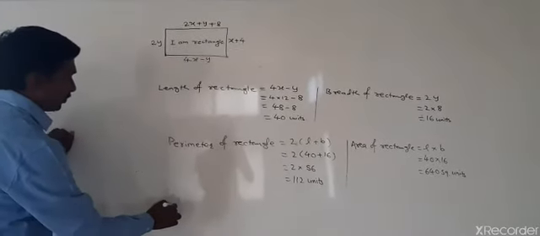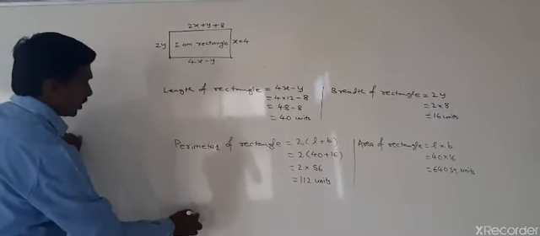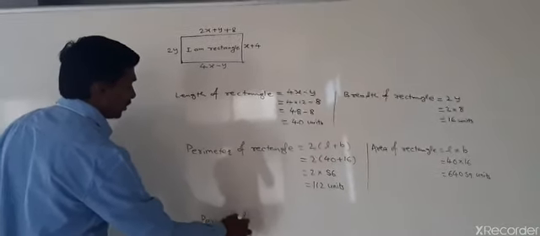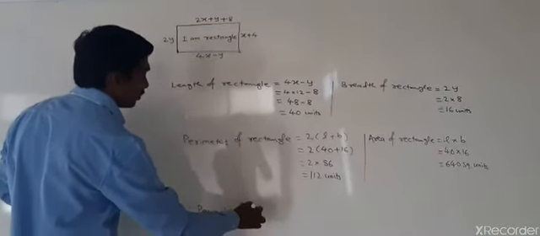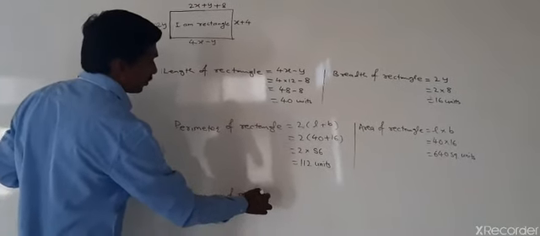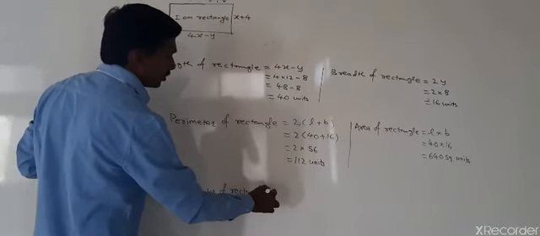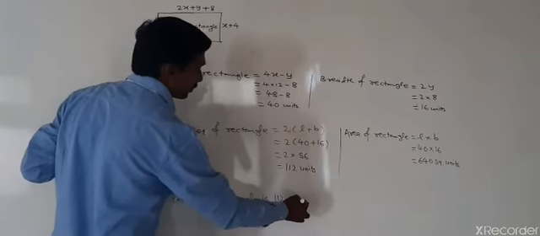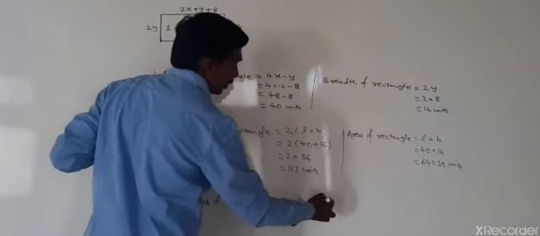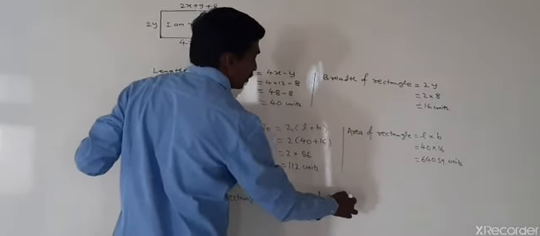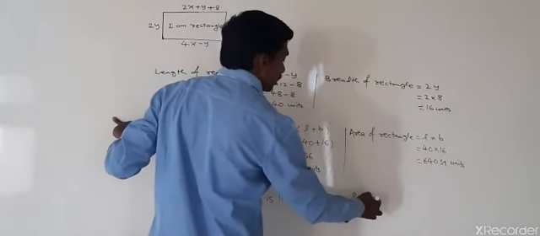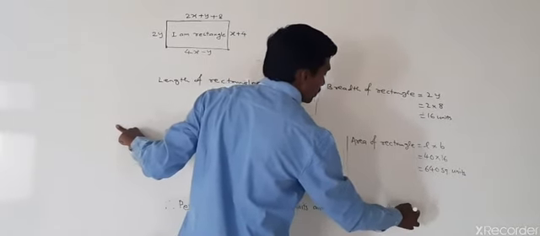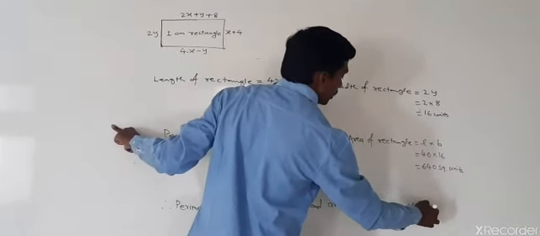We can write here: perimeter of rectangle is 112 units, and area of rectangle is 640 square units.